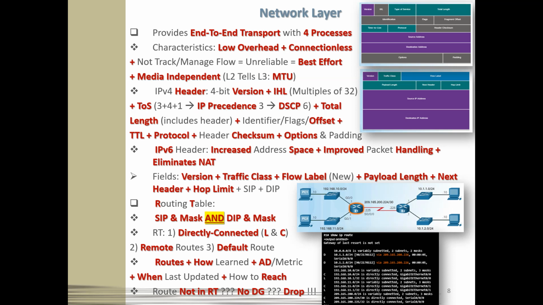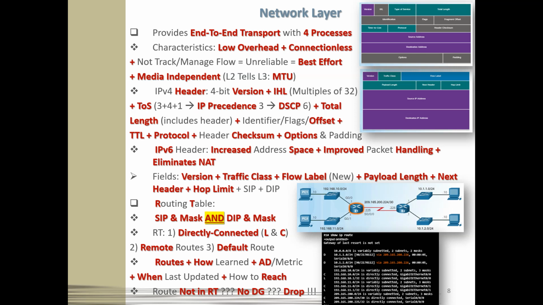If with IPv4 you issue the show ip route command, then you see the contents of your IPv4 routing table on a Cisco IOS router. So the routing table shows directly connected as well as remote routes plus the default. When a router interface is configured and activated with no shutdown, then the following two routing table entries are created automatically.